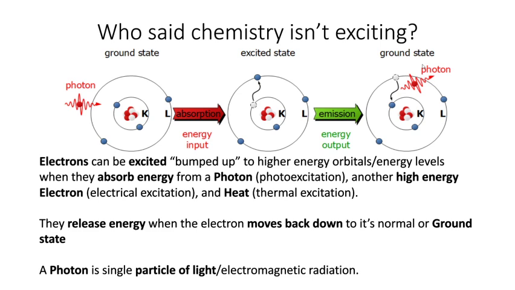What is a photon? Basically, it is a particle of light. Photon equals particle of light. Oh, I have it written right here. Great. Photon, single particle of light, or electromagnetic radiation. We'll talk about that later.